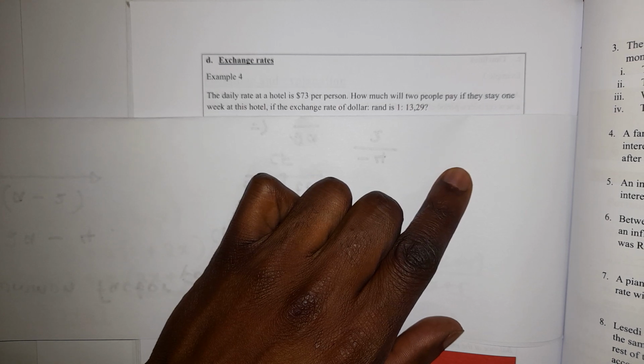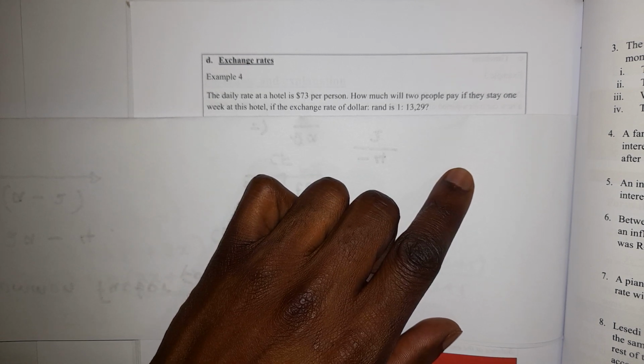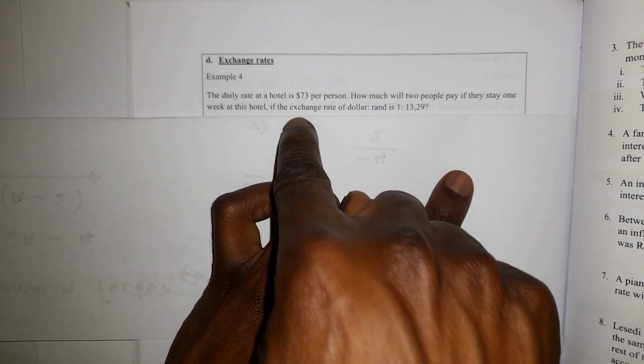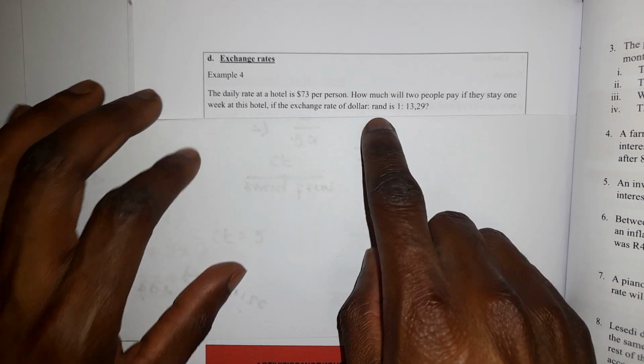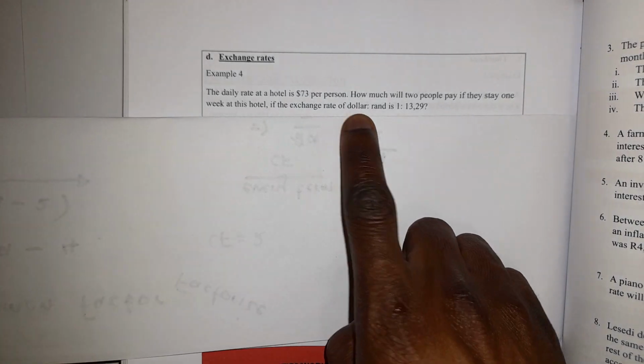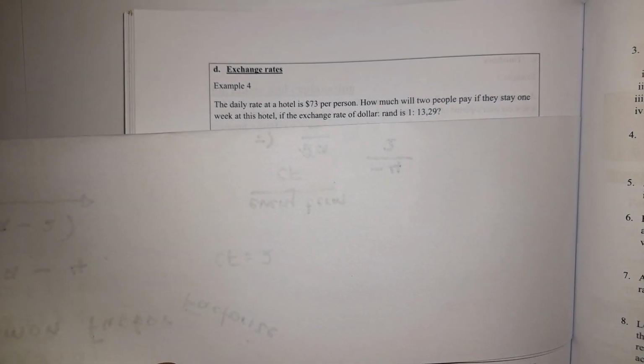How much will two people pay if they stay 1 week at this hotel if the exchange rate of the dollar to the rand is 1 is to 13.29? So the exchange rate of the dollar to the rand, it means a dollar to the rand is 13.29. Right, like always, let's write down our information.